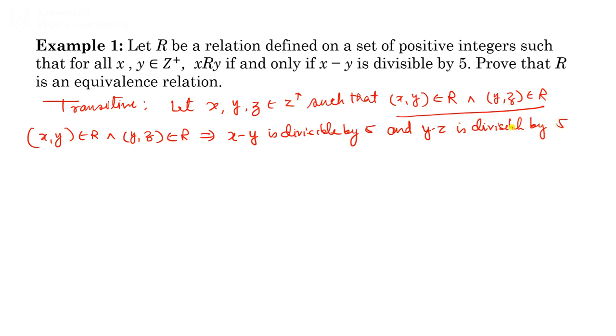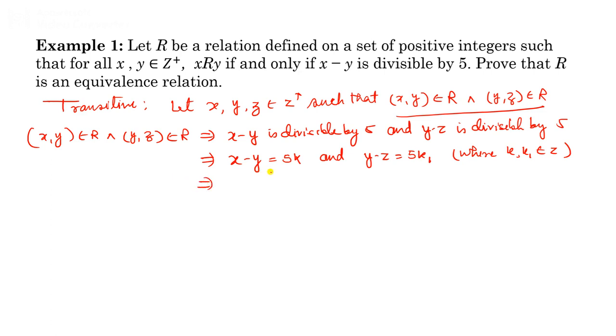So you can write it in a mathematical way: x minus y equals 5k and y minus z equals 5k1, where k and k1 are some integers. Because divisible by 5, you can write 5k for some integer k, and similarly 5k1 for some integer k1.